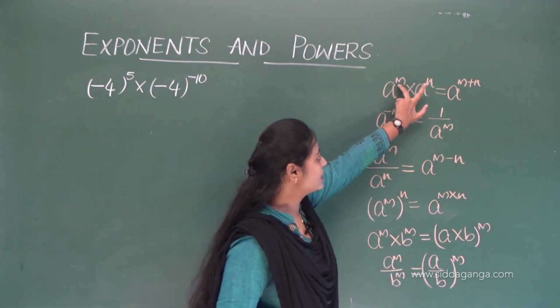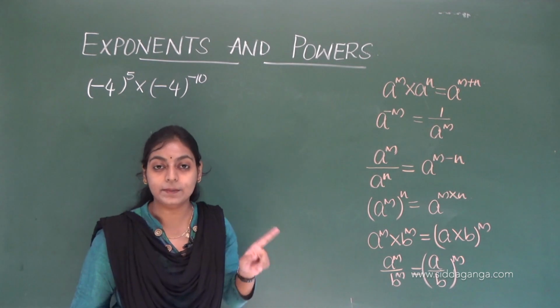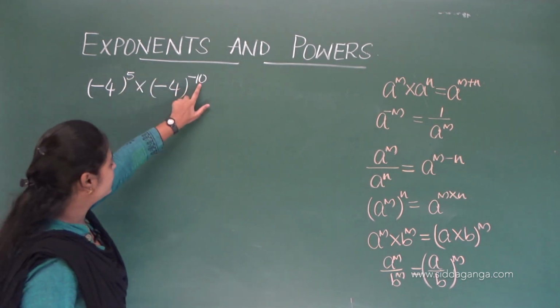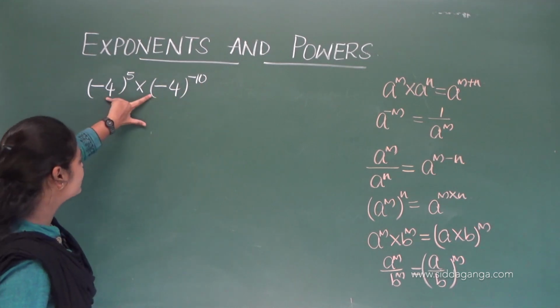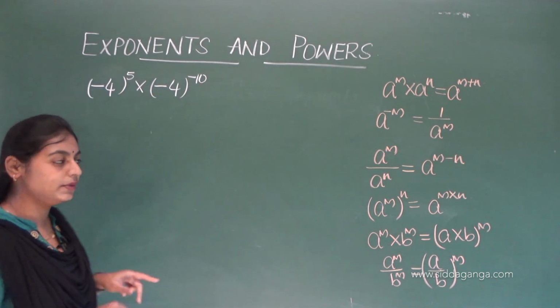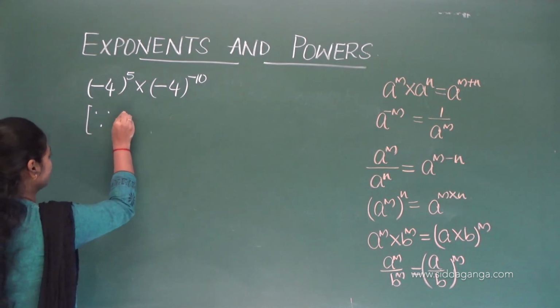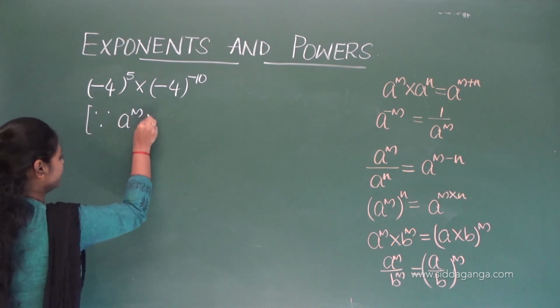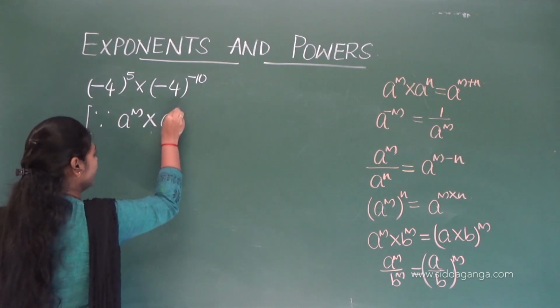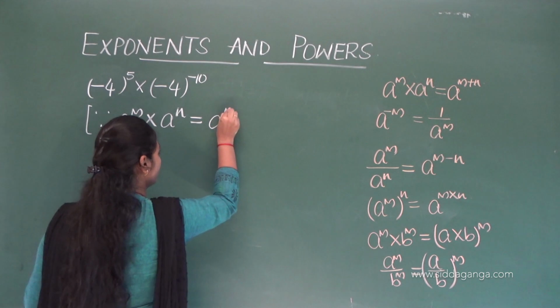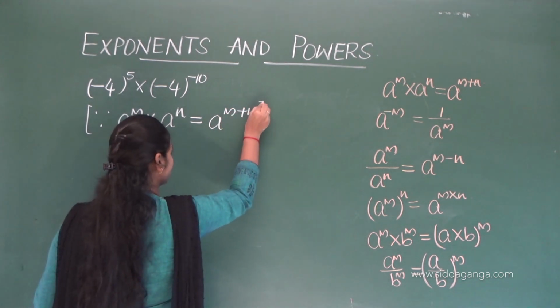Bases are same, exponents are different, where m and n are natural numbers, we said. So 5 and minus 10 are the exponents, and the bases minus 4 and minus 4 are similar. So we can use, since a to the power of m into a to the power of n is equal to a to the power of m plus n.